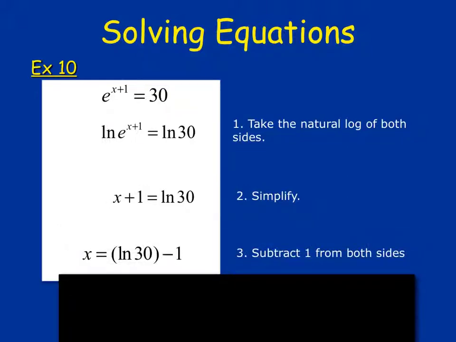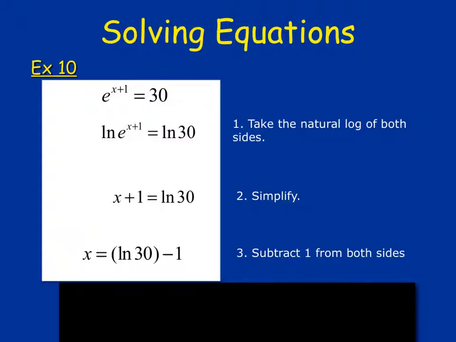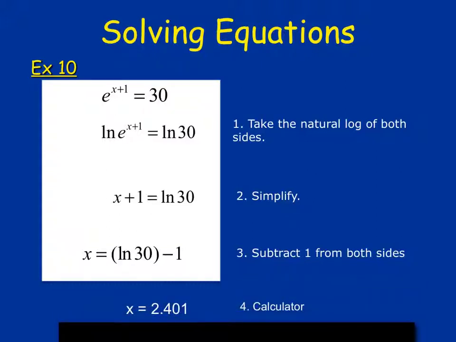And then take 1 away from both sides to get x by itself, and that is your answer. Of course, you'd have to put this on your calculator, and you would get x equal to 2.401. Okay, so this is how you solve logarithmic or exponential equations that have a natural base in e.